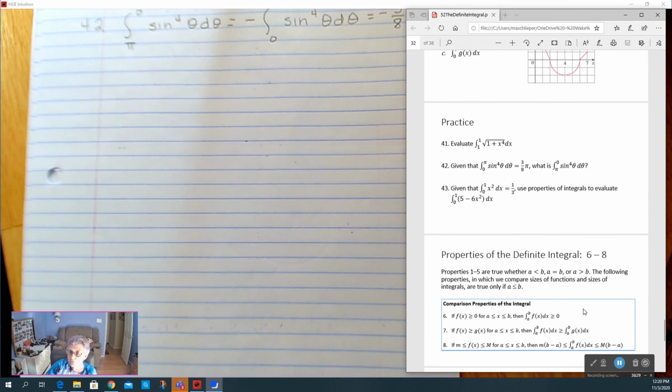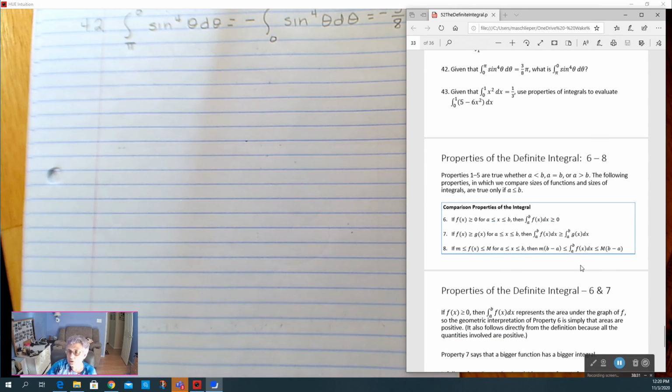The last few properties of definite integrals have to do with one function being bigger than the other. If f is positive everywhere, then its integral will be positive from a to b. If f is always bigger than g, then the integral of f will be bigger than the integral of g.